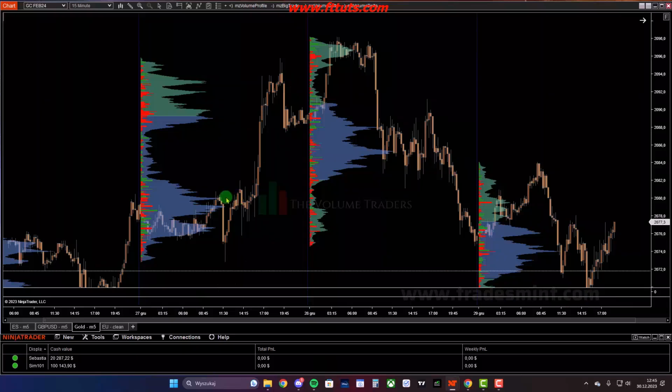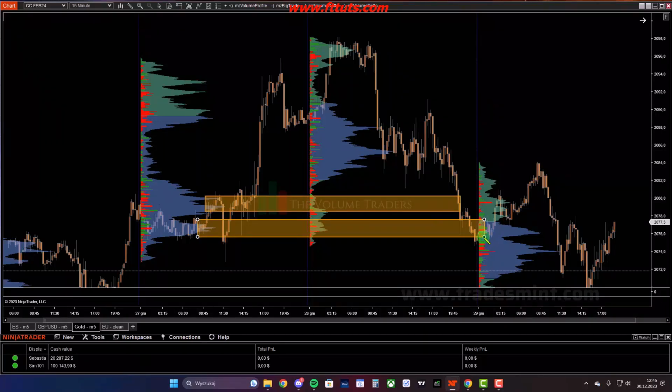So there were two areas. We can see from this range very high volume, and also lower, very similar volume. So those are the areas of interest. Here comes one of my favorite rules and laws about supply and demand: if we have two zones very close to each other, there is a very big probability that the price will reach the second zone.